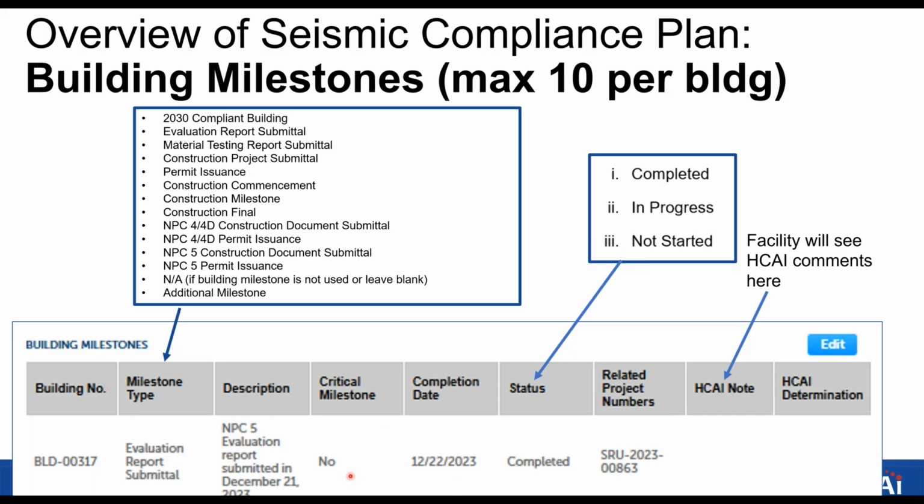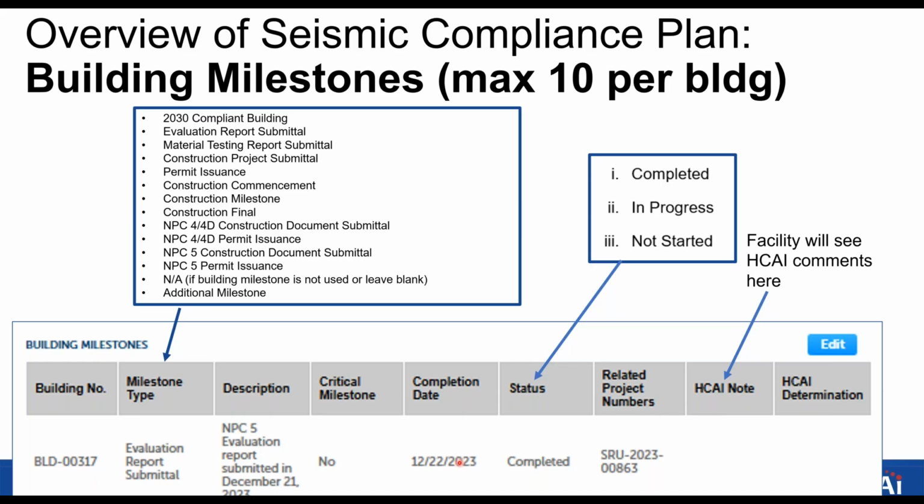Now, as things develop, the status will change. You're gonna go from not started to in progress, and then to completion. And as things get updated, this status will change. The date may change. So there's an amendment process for when things start getting delayed, or a scope change is coming up.